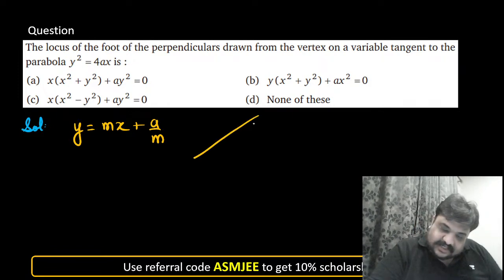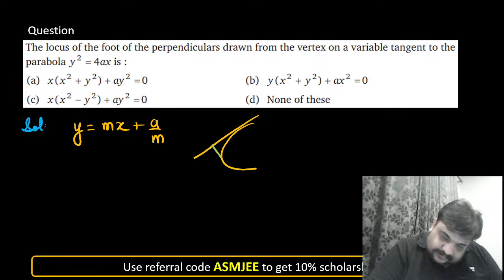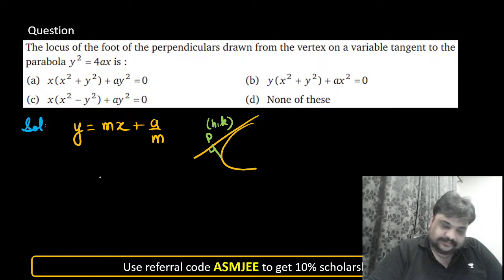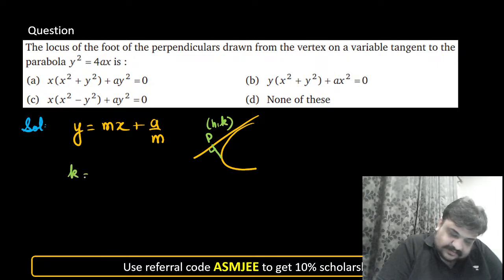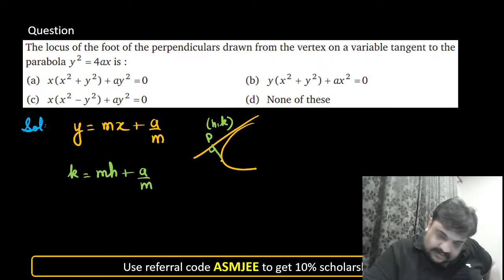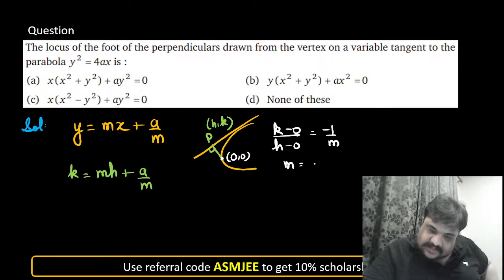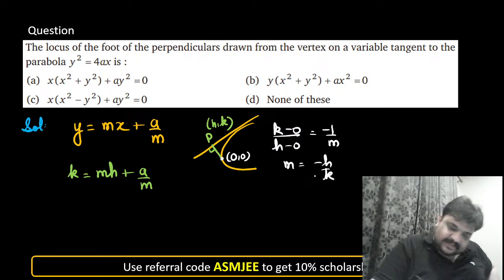So this is the tangent and we need locus of this point, which is h comma k. So h comma k lies on this line. So this all is wonderful. We just need to eliminate m. We can very easily eliminate m by using the fact that k minus 0 upon h minus 0 is minus 1 by m, because it should be perpendicular to this line. So m is minus h by k. So now put m as minus h by k.